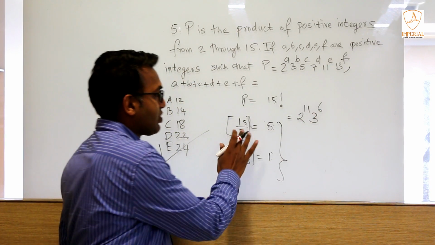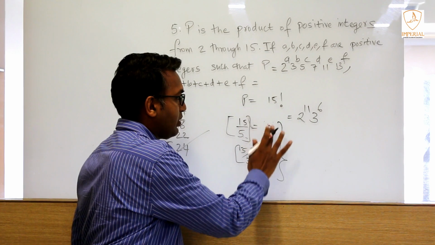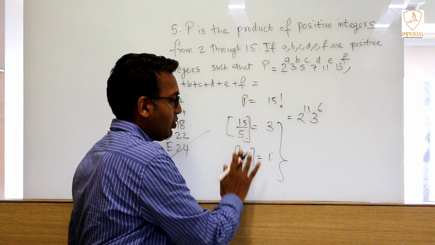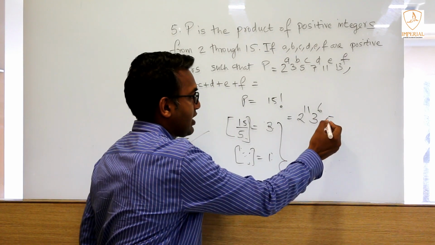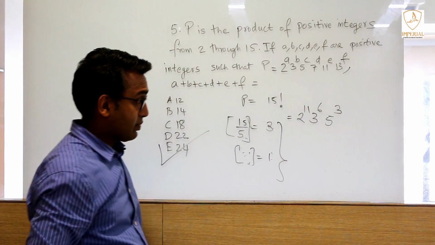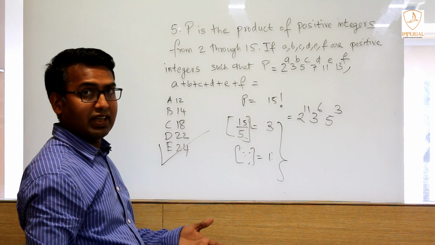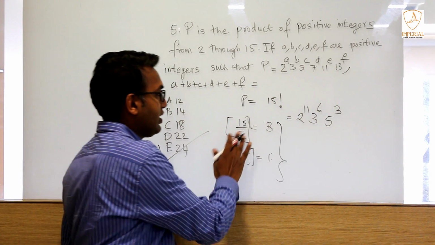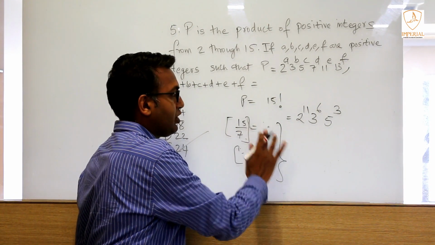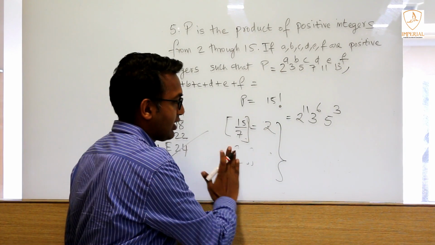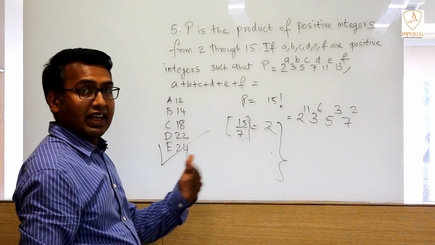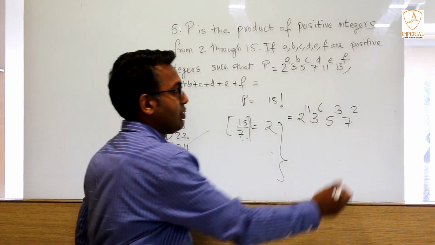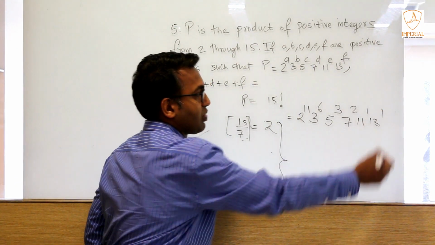Next one, 5: 15 upon 5 will be 3, and now 3 by 5 will be 0 point something, so I just have 3 fives. Next one, 7: 15 by 7, I'll get 2, and that's it, so 7 power 2. Next 11, I'll get 1, because 15 by 11 will be 1, and for 13 I'll also get 1.